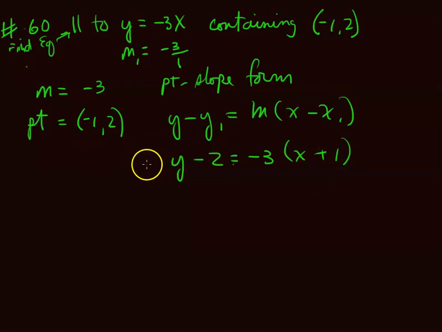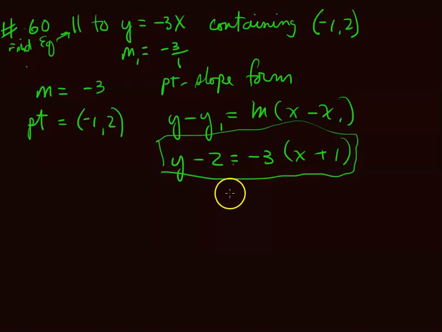And then I'm going to write it in every single form just in case on the test they tell me to write it in a different form. This is one answer, possibly. If they say write it in any form you want. Boy, is that a straight line. But this is point-slope. If I want it in slope-intercept on the test, then let's see.